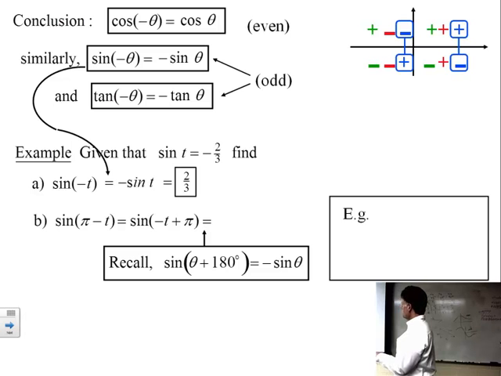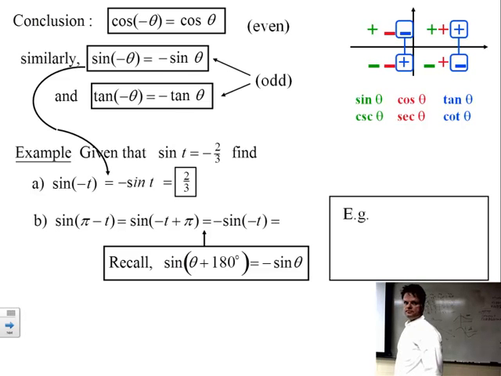So this is going to be minus the sine of negative t. And now I can use that sine of negative theta is minus sine of theta, and plug that in here, so that I get minus a negative sine of t, which gives me just sine of t, which is just 2/3.